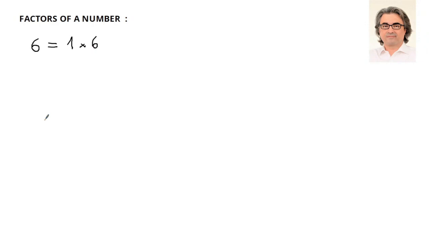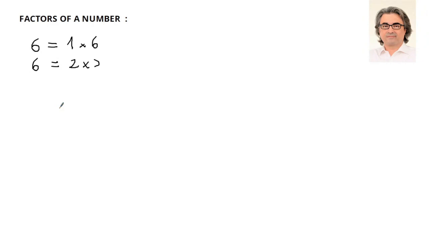Is there any other multiplication for 6 with numbers other than 1 and 6? Yes, 6 is also equal to 2 times 3. It means 2 and 3 are factors of 6 again. Can you find another for 6?